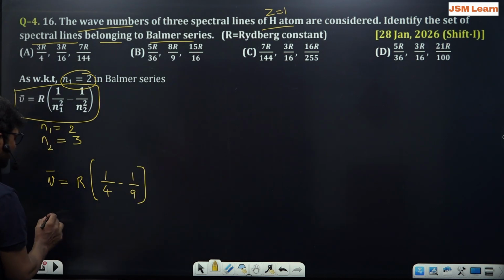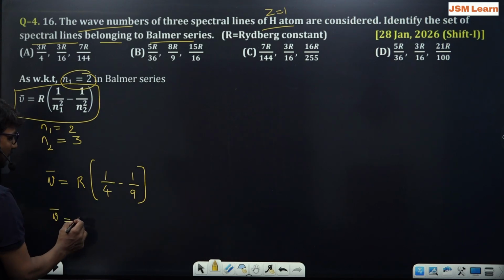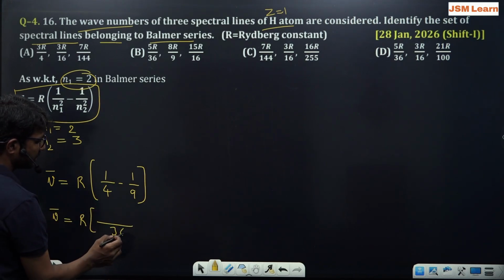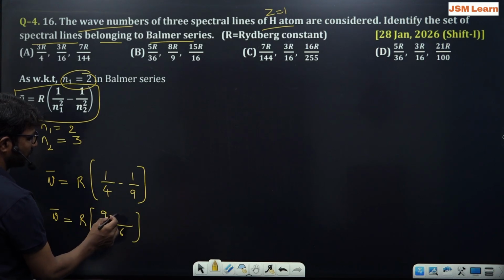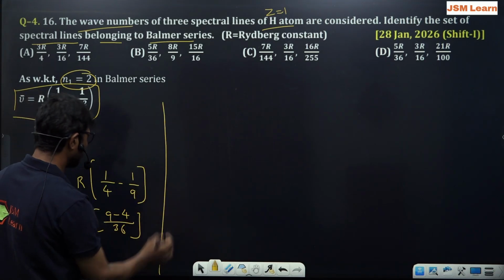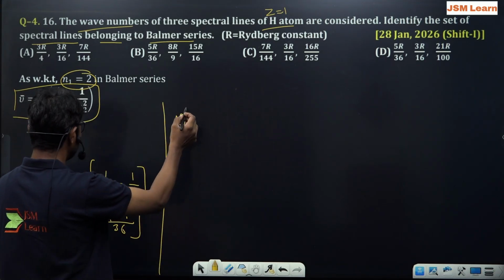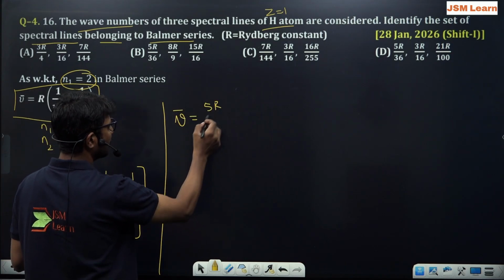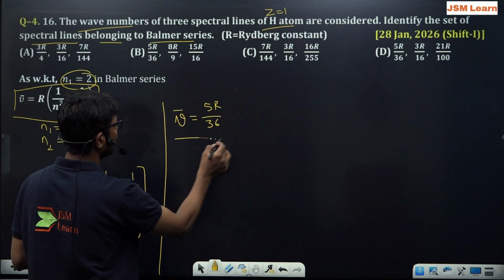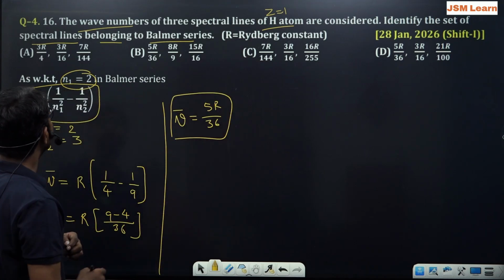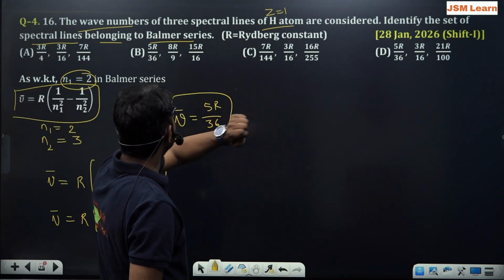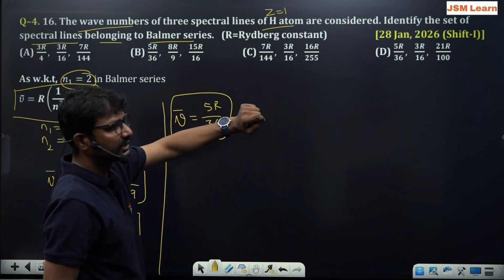So on simplification, we will get mu bar is equal to R into 36, 9 minus 4. So the first line value we got is 5R by 36, which is in option B and option D also. 5R by 36, first value.